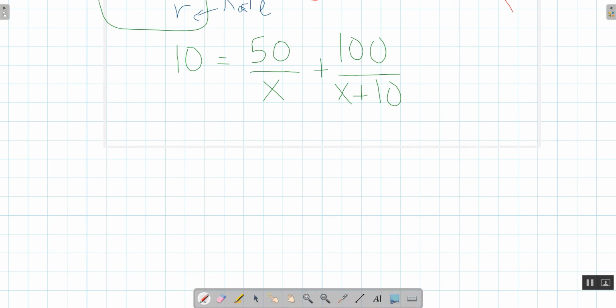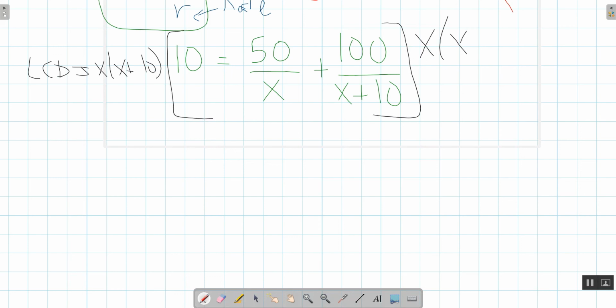So there's our rational equation that we're going to solve. We start off with the LCD, which is simply x times x plus 10. Now we're going to multiply everything by that to eliminate the denominator.